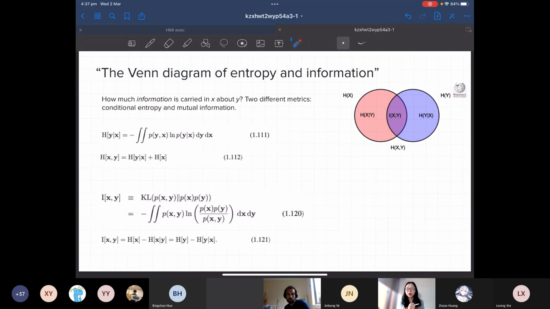I would like to summarize what we saw in this whole section with what's called a Venn diagram of information. On this slide, we're also sneaking in another concept that's half new, basically conditional information. If there are two random variables, if I already know X, how much more information do I get from knowing Y in addition?